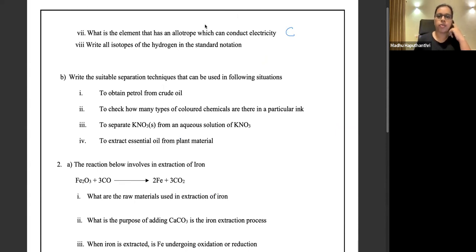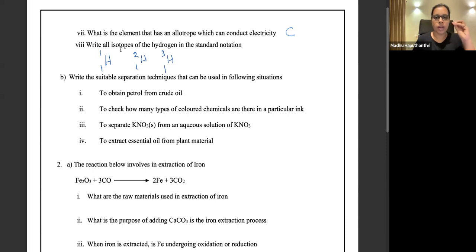Write all isotopes of hydrogen in the standard notation that I will write. H 1 1, H 1 2, and then, sorry, here this is wrong. So 2 is at the top. H 1 3. And I will give you an interesting point about this H 1 1 isotope.